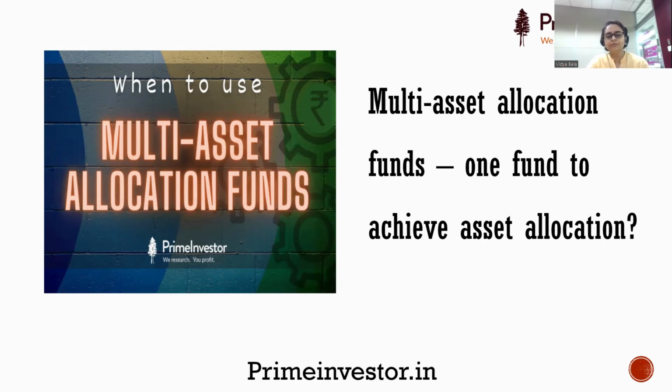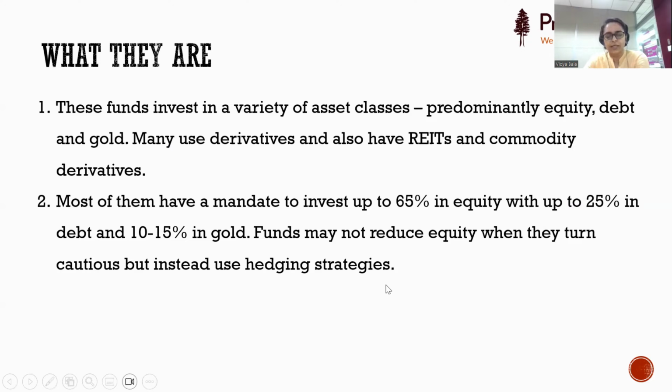Let's move on. So first, to understand what these funds do, they predominantly invest in equity, debt, and gold. Some use REITs to a small proportion. We don't have that many REITs in the Indian market. That is to give some real estate flavor. And many have in recent times started using derivatives.